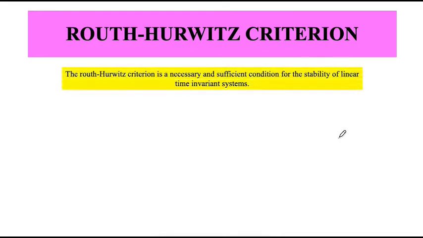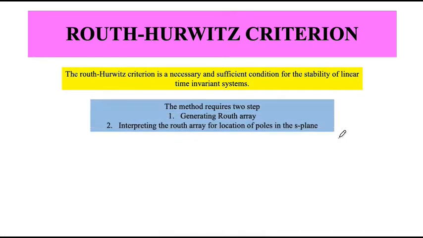Otherwise I would have to compute the roots, or at least check whether the roots lie in the complex plane. Routh and Hurwitz, I will tell you a story of this later on, came up with a condition which was both necessary and sufficient for stability of a linear time invariant system. So how does this go?